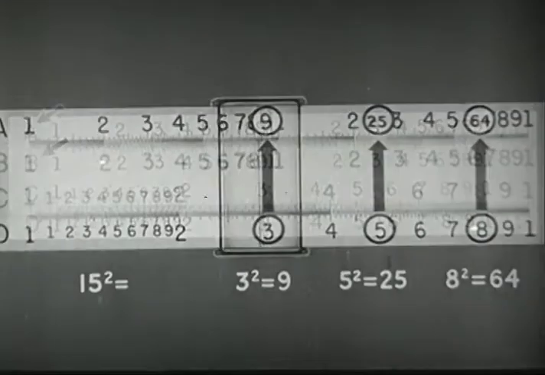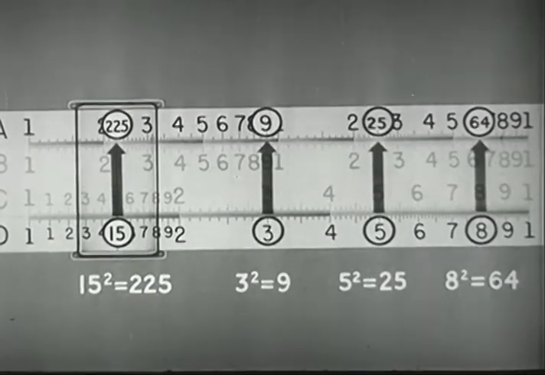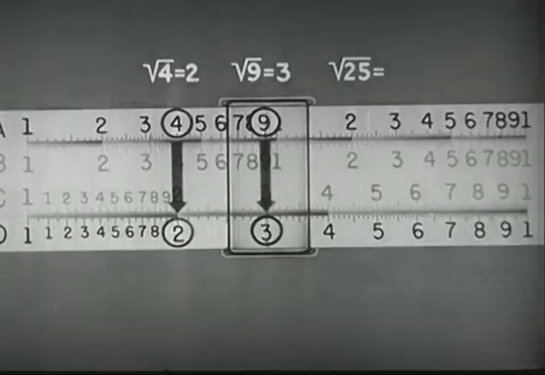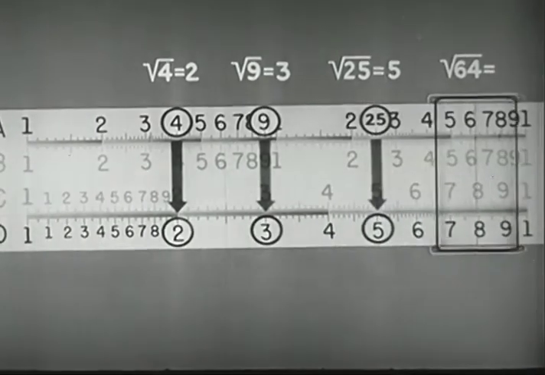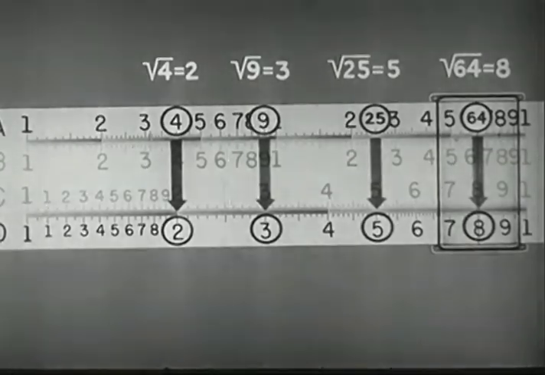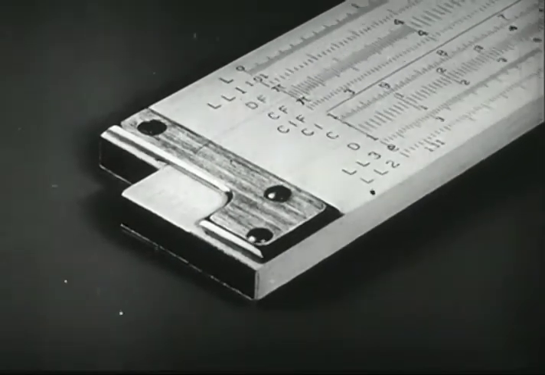Using the A and B scales with the C and D scales, it is possible to obtain quickly both squares and square roots. And these are only a few out of the wide variety of problems that can be worked with the standard slide rule.